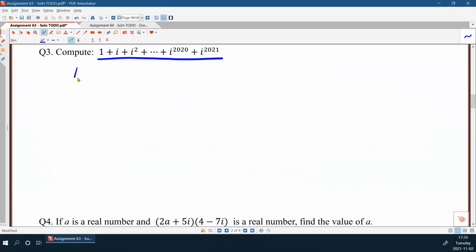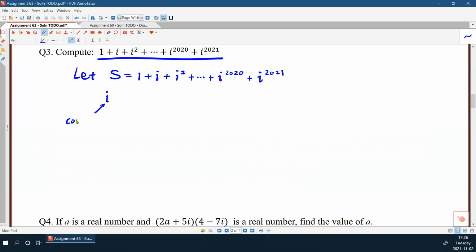So usually we'll denote it with a letter S. For example, you can let S equal the original expression, which is 1 plus i plus i squared, and so on, up to i to the power of 2020, and then i to the power of 2021, right?